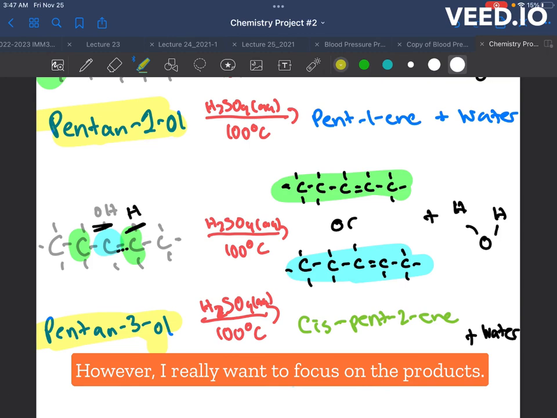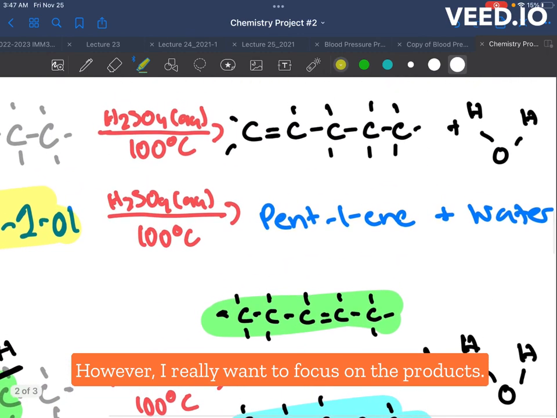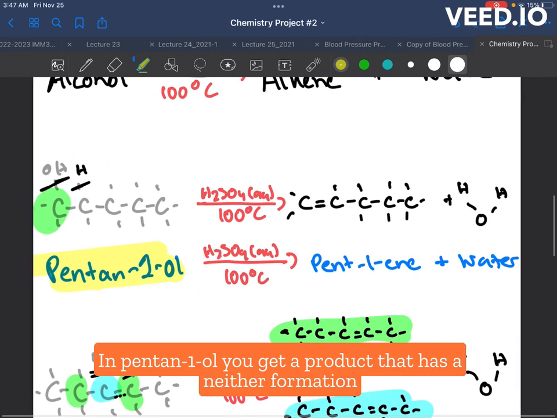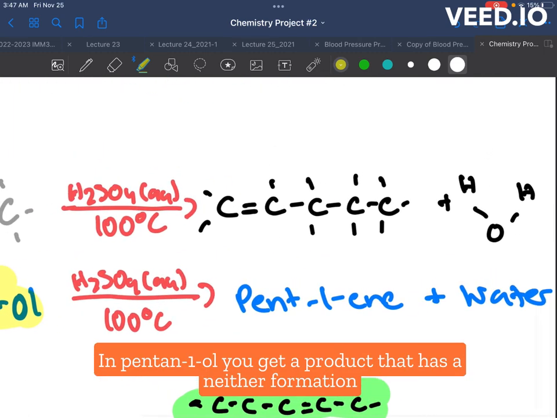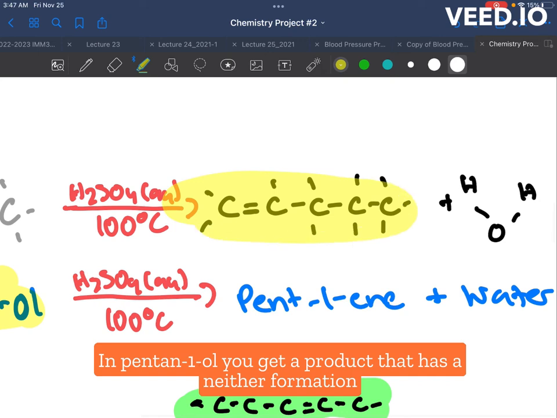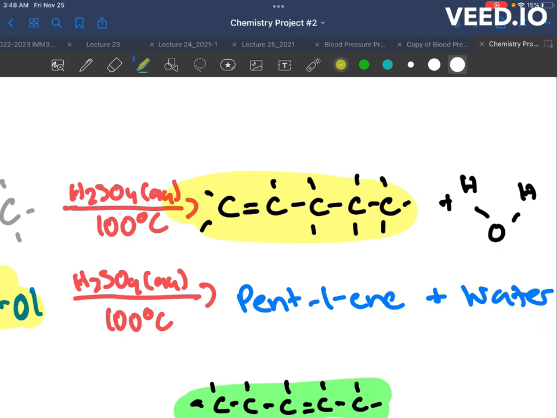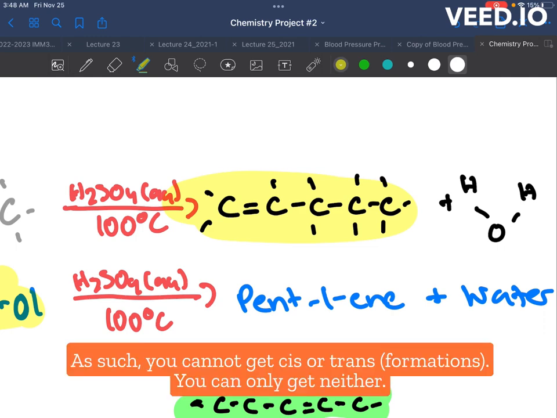However, I really want to focus on the products. In pentan-1-ol, you get a product that has a neither formation because the double bond is connected to a terminal carbon. As such, you cannot get cis or trans. You can only get neither.